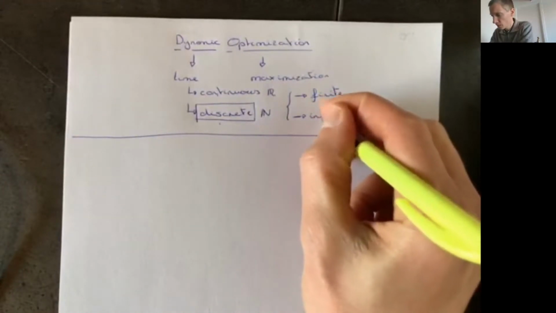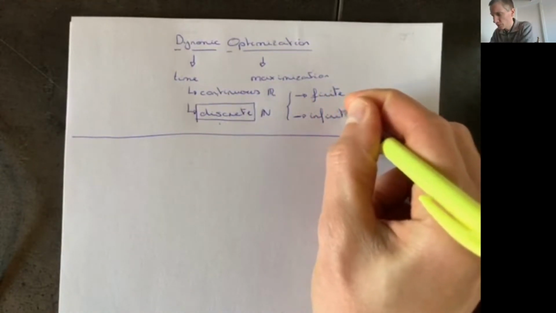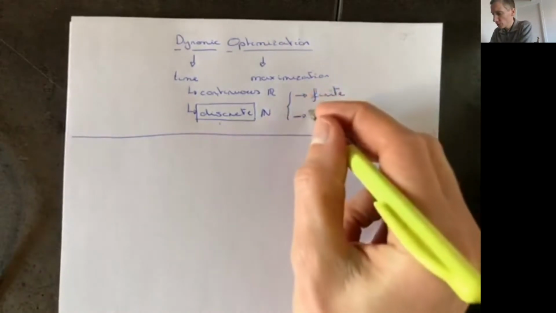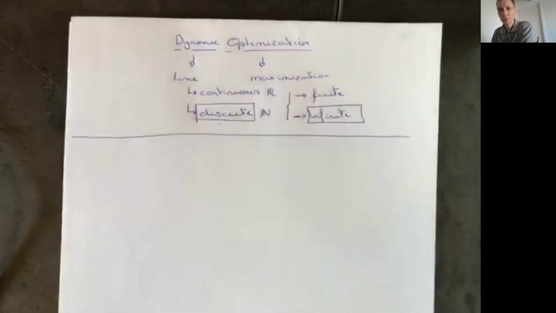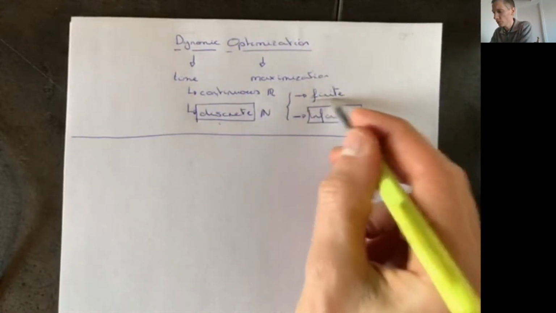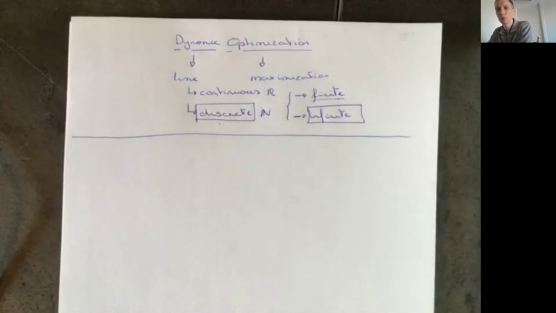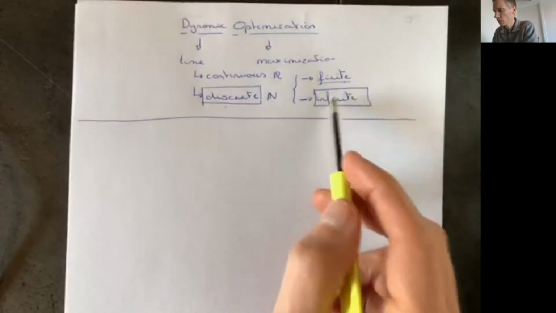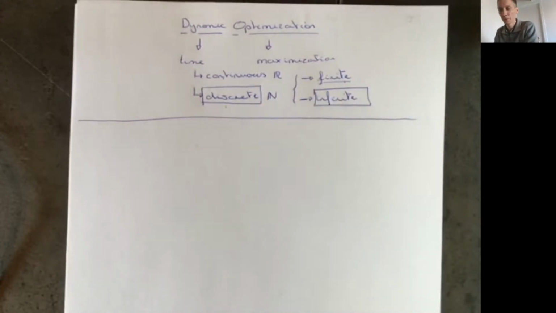And then you have infinite horizon problems, which basically means that we have a problem where time never ends. You have a problem that starts now and goes on forever. For the start of this lecture, we will be mainly focusing on infinite horizon problems. In the second part of the lecture, I will also look at some finite horizon dynamic optimization problems. But to start, we'll look at infinite horizon problems in discrete time.